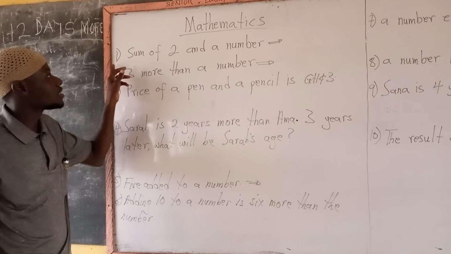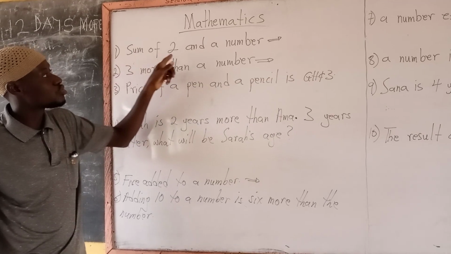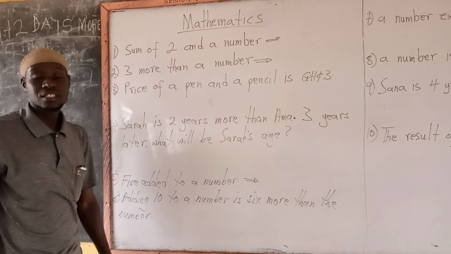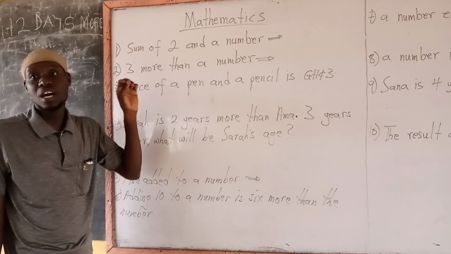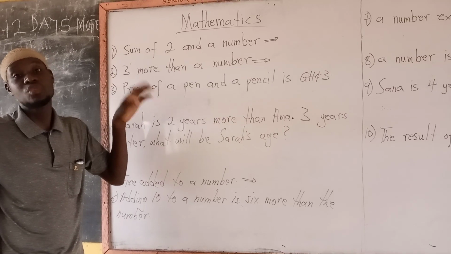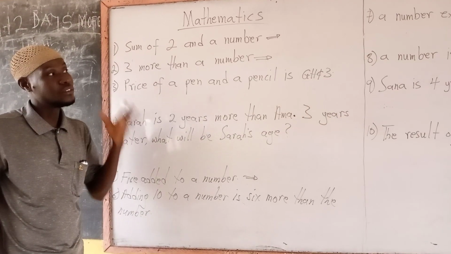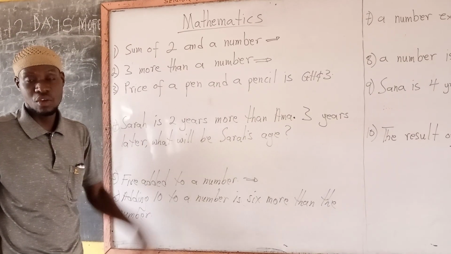The first statement or word problem is: sum of two and a number. Any unknown quantity here, let's represent it with x, and if the statement involves two unknowns, let's represent them with x and y.